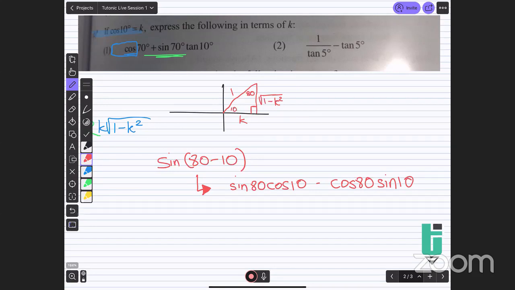What's cos 80? Root 1 minus k squared. What's sine 10? Root 1 minus k squared. What's root 1 minus k squared times root 1 minus k squared? 1 minus k squared. So it becomes k squared, open brackets, 1 minus root 1 minus k squared. What's tan 10?